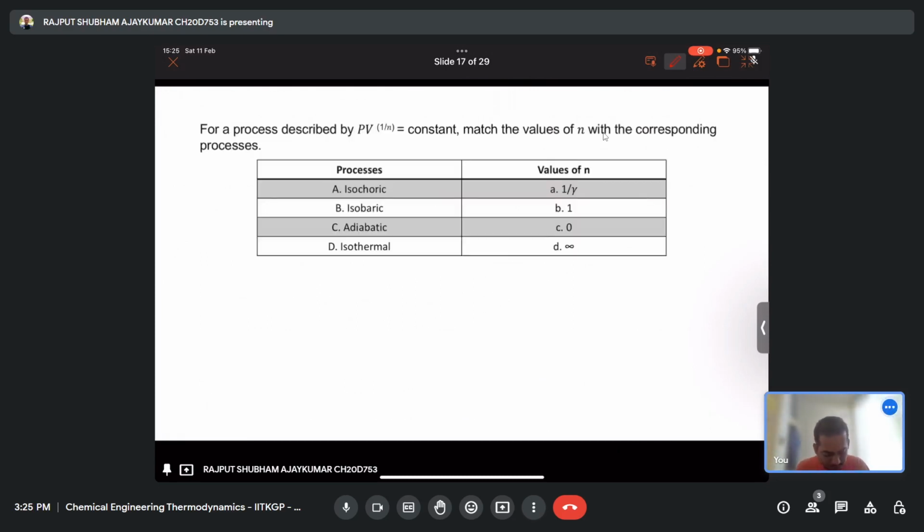Okay, another one. So just quickly go through what has been asked. It's related to the processes, the equations that have been covered during the week's content. So there is one equation that has been given to us, that is PV raised to 1 by n equal to constant.